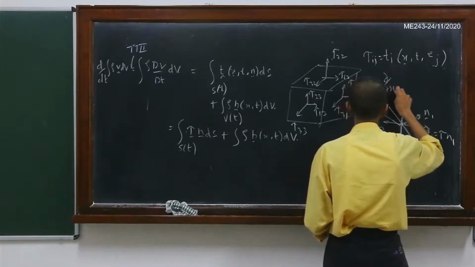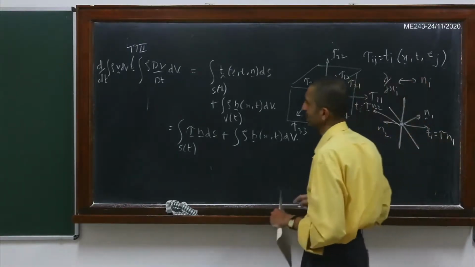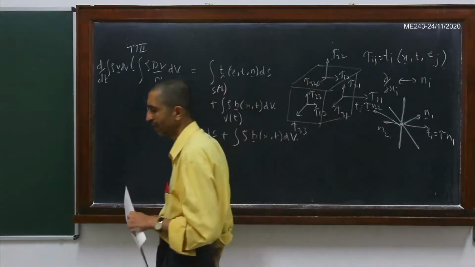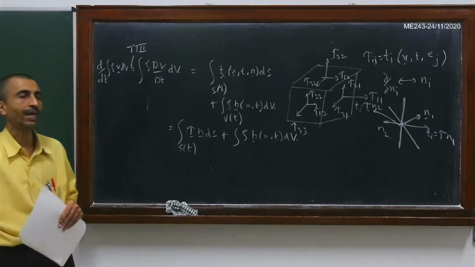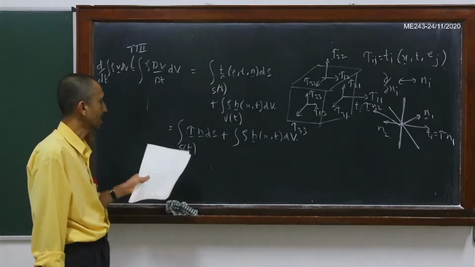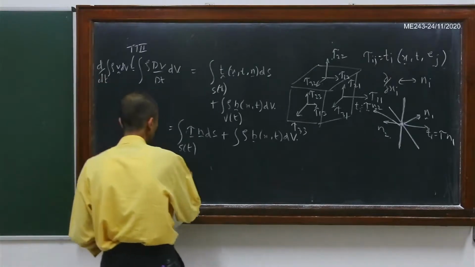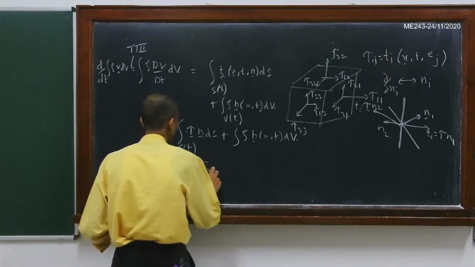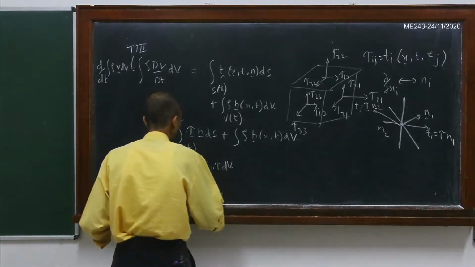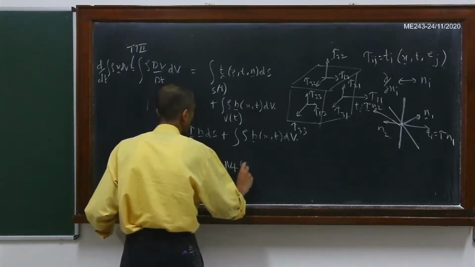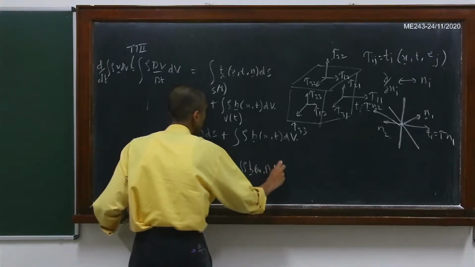The recipe is del by del x_i to n_i. We have already seen this, right? So if you write this in index notation as tau_ij n_j, then that will go to del tau_ij by del x_j, which is nothing but the ith component of del dot tau. So this will be equal to the integral of del dot tau times dV over V of t plus the integral of rho b of x comma t times dV.